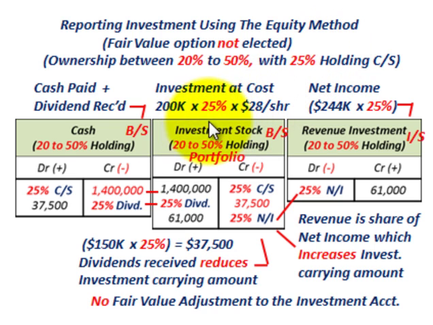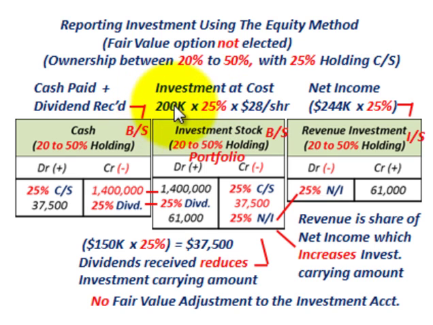So first, we would set up an investment stock account, and it would be for the total portfolio. Here we're only looking at one stock, but you would set up this account based on the portfolio of stocks that you're holding. We're going to record this investment as investment stocks, and we're going to record it at the cost.